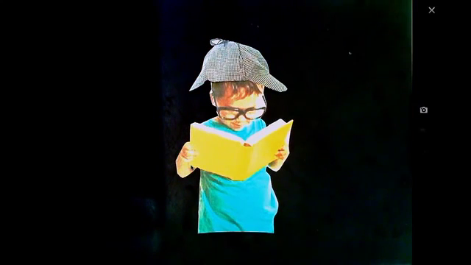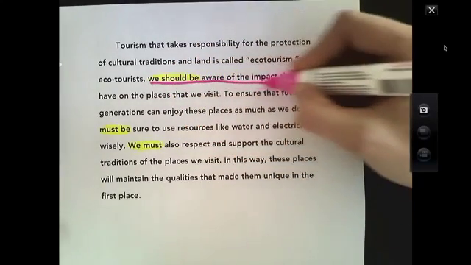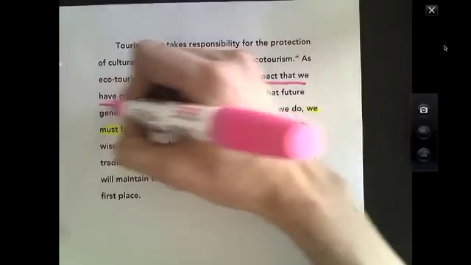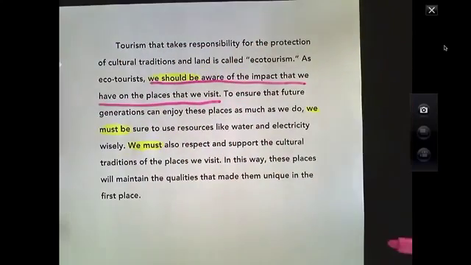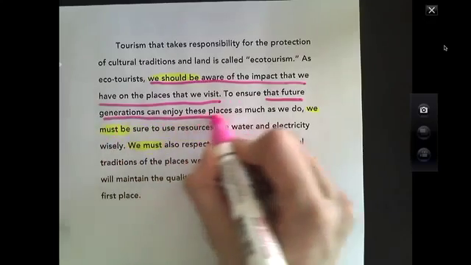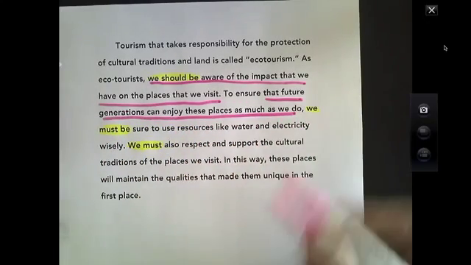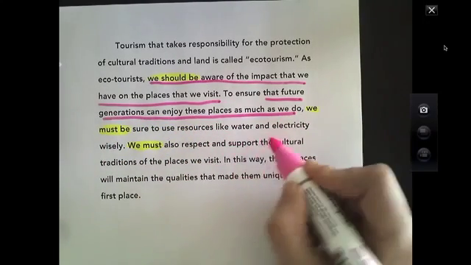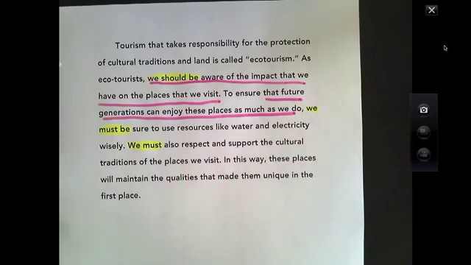Let's take a look at the example we used before. We determined that the author's purpose was to persuade us. Now let's see what their attitude is toward the topic they were writing about. We see that we should be aware of the impact that we have on the places that we visit. We also see, future generations can enjoy the place as much as we do. We should be cognizant of the water and electricity that we use.